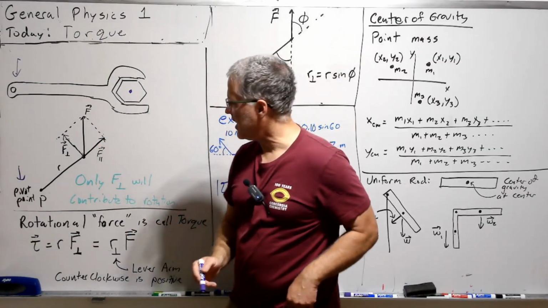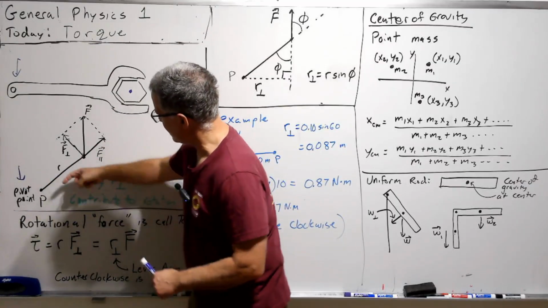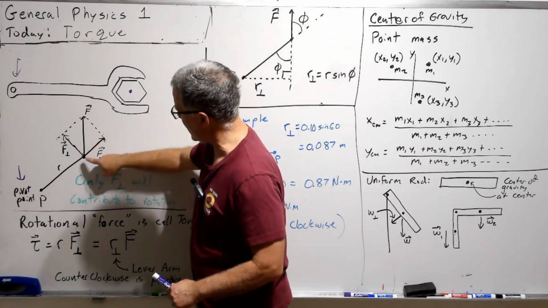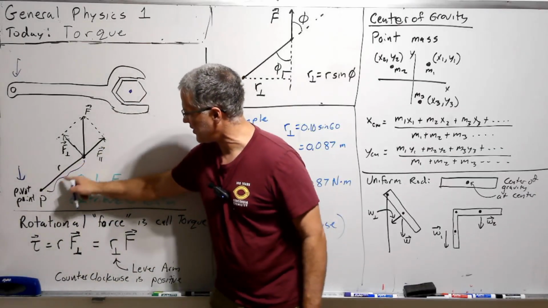And what we need to do then, based on the arm, is run an extender out this way. So this is our distance r.